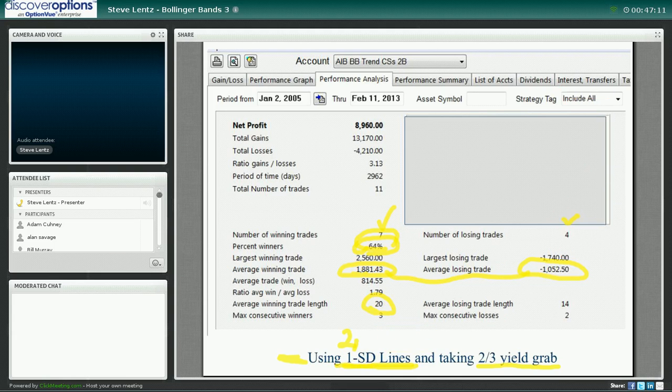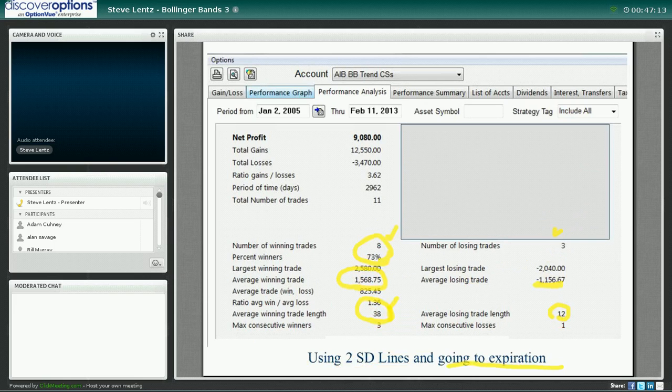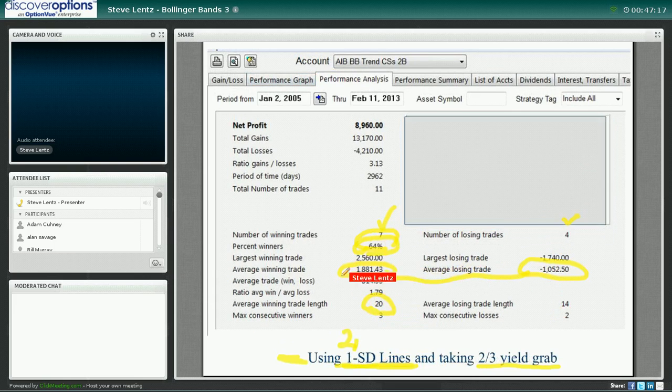Let's see, average win, average loss. Another key thing here. Do you see this number, average win to average loss? Using the 1 standard deviation line with the yield grab, 1.79. Our average winner is significantly higher than our average loser.